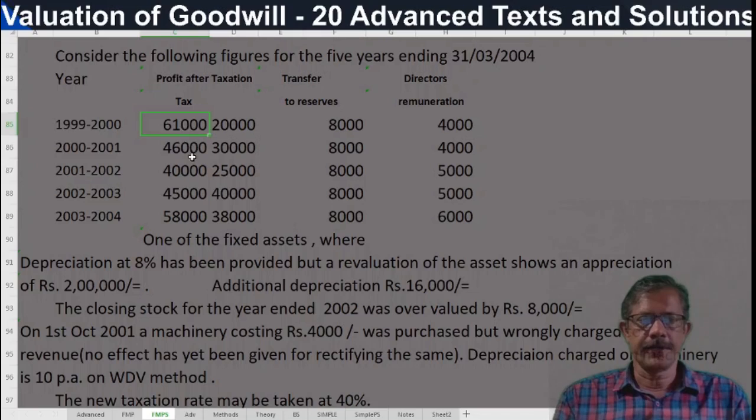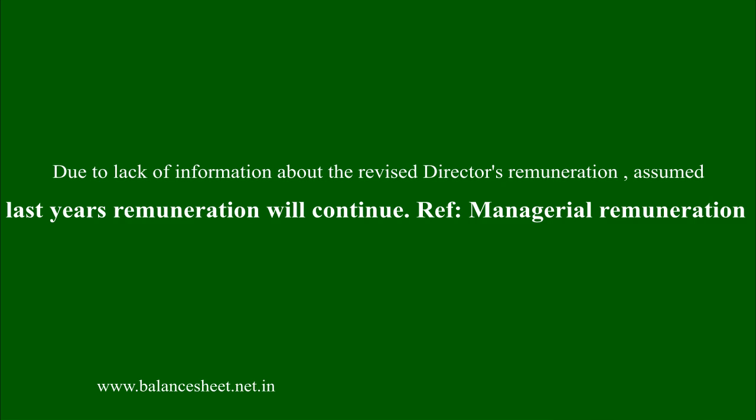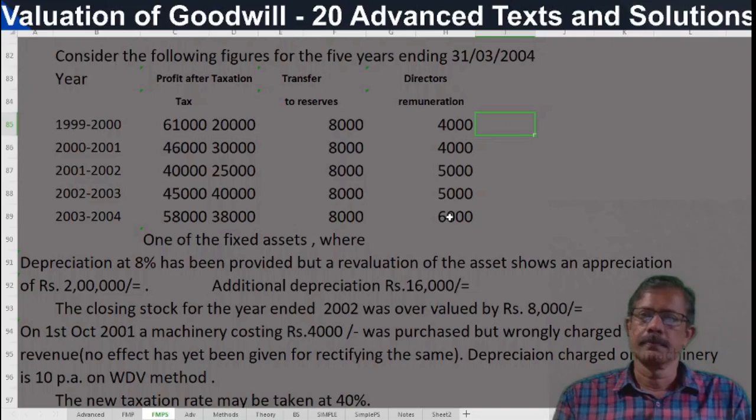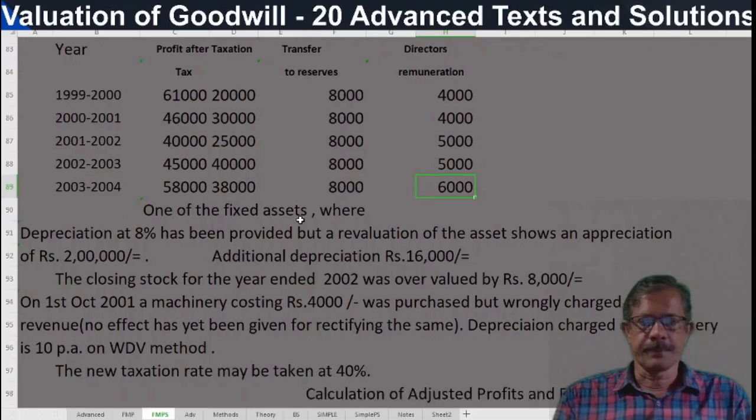Tax, profit after tax, and taxation. Then these should be added back to each of the years. So this 4,000, 4,000, 5,000, 5,000, 6,000 should be added back to the corresponding years.